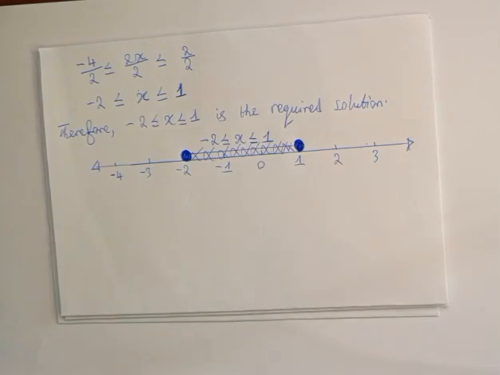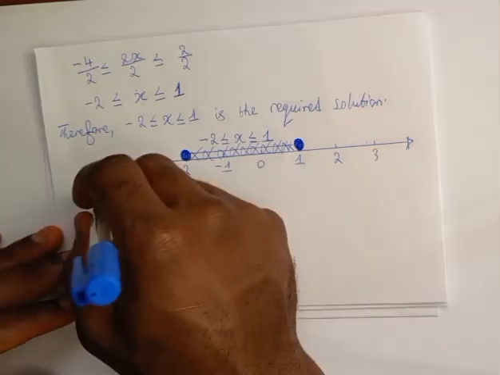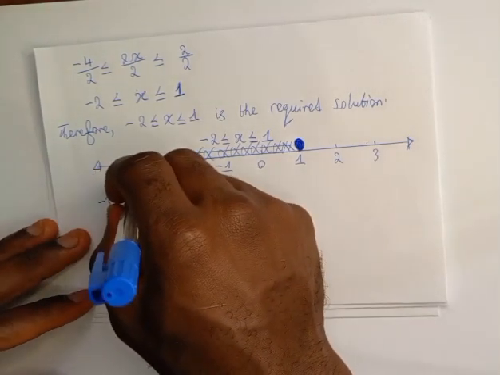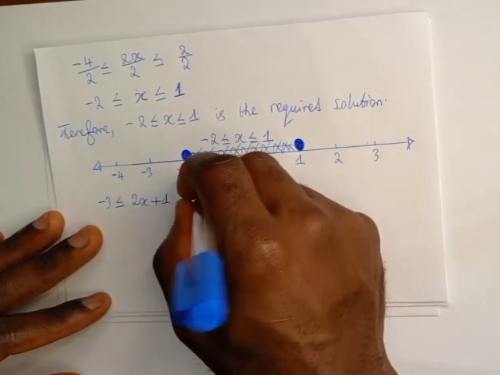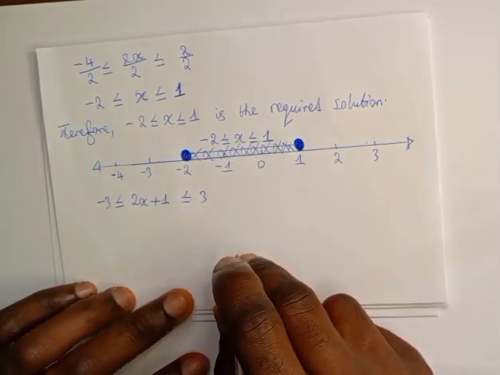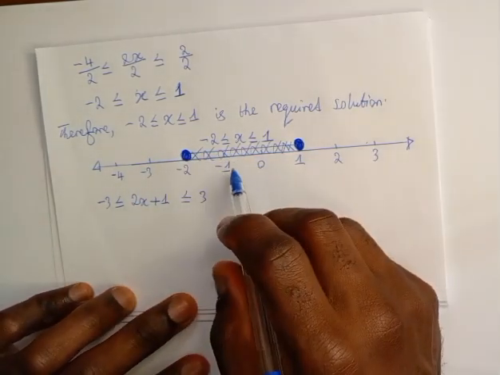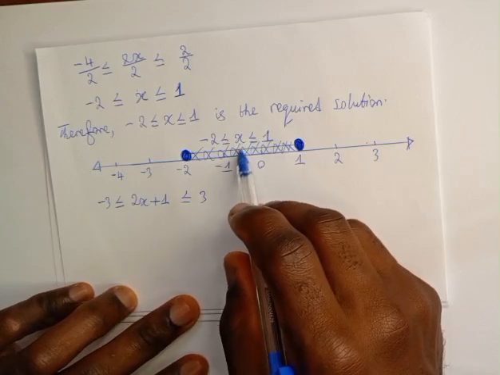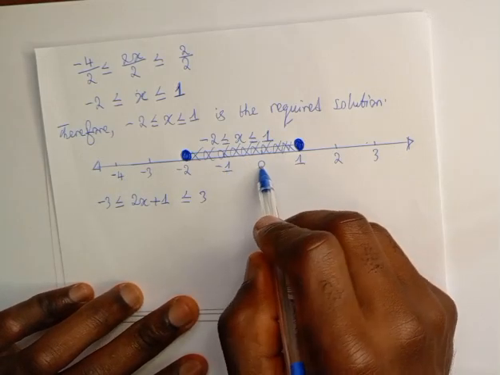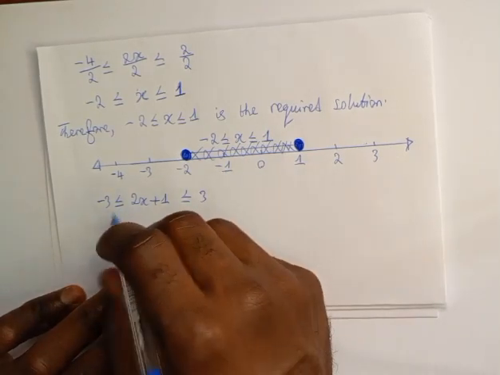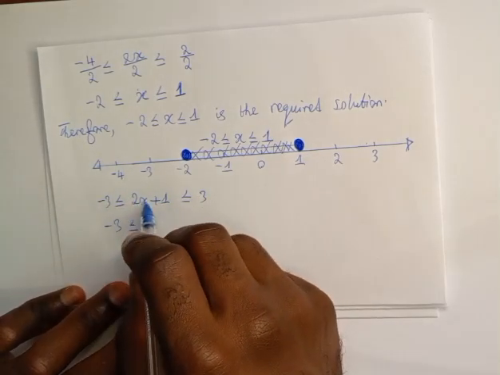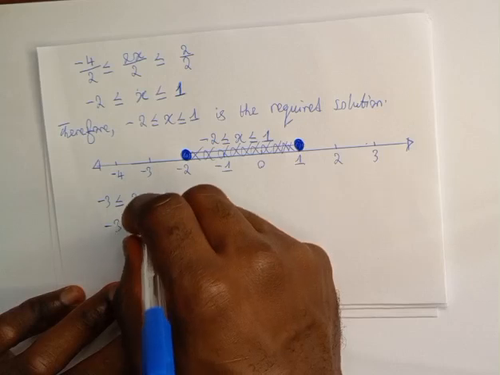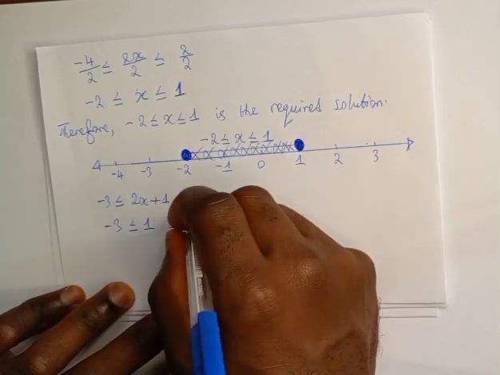Negative 2 less than or equal to x less than or equal to 1 is the required range of values of x for which -3 is less than or equal to 2x plus 1 is less than or equal to 3. We can verify to see if this is correct. If, for example, we take x to be 0, this gives us -3 is less than or equal to 2 times 0, which is 0, plus 1, which is 1, is less than or equal to 3.